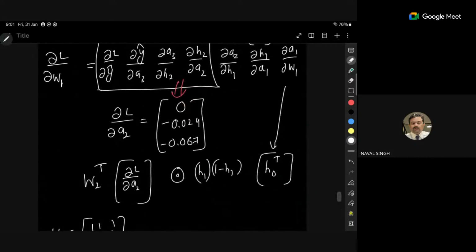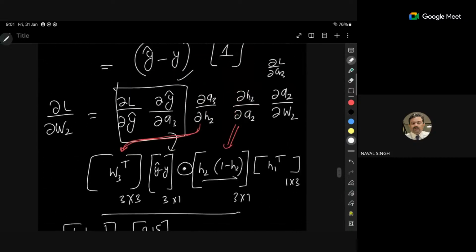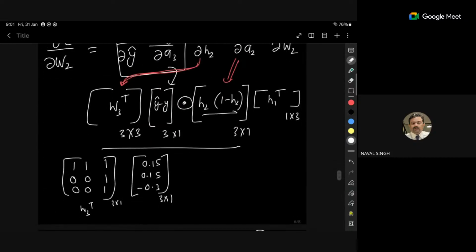You will get this vector again. Then you have to do the same thing which we did here as well. So you will always get these 4 vectors. You have to multiply them in this way. There are tricks, but you have to do that.